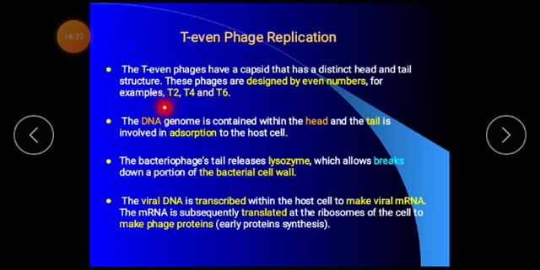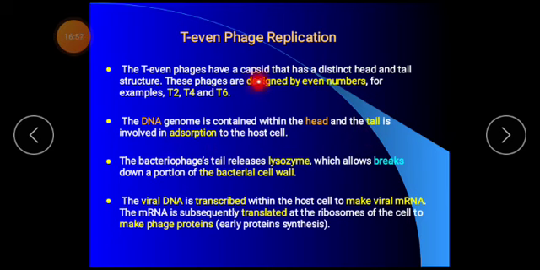Then T is their designation. So these T-even phages are designated by their even number, and they have a capsid which comprises a tail and a head. The DNA genome is contained within the head, and the tail is involved in adsorption to the host cell.